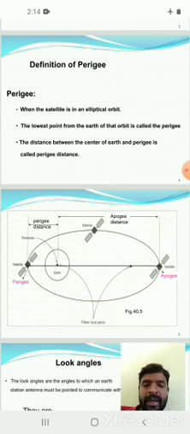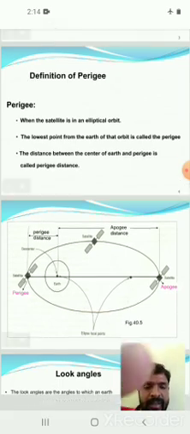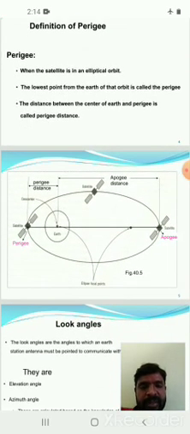It means Earth center point to the maximum distance of the satellite in orbit. So it is called apogee distance. Here the diagram shows the apogee distance from the right side, Earth to satellite.